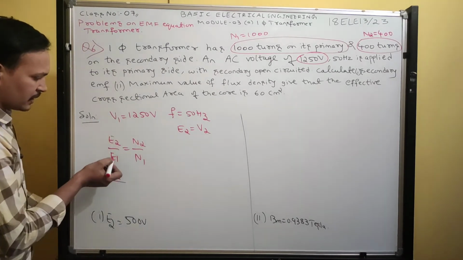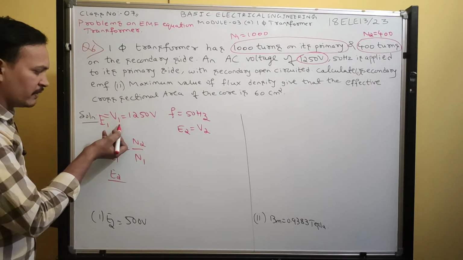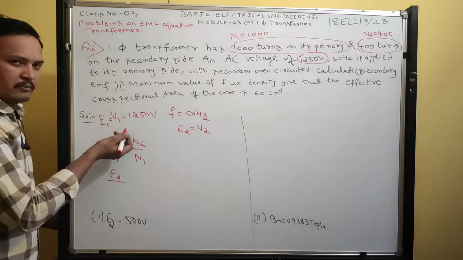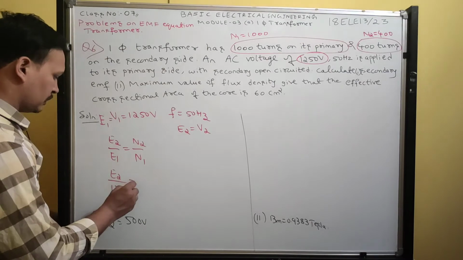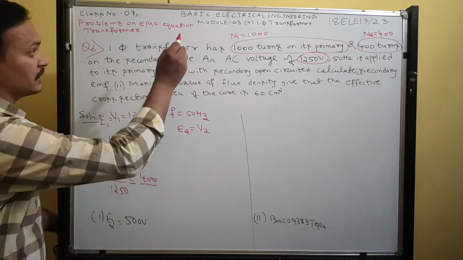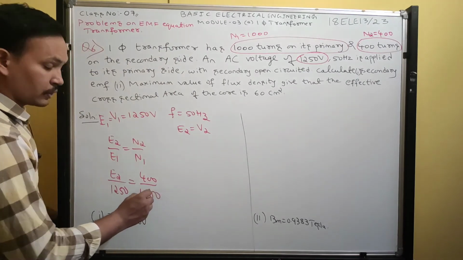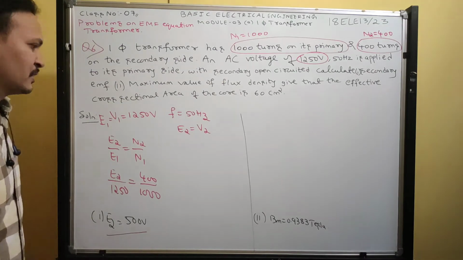What is E1? E1 is nothing but V1. V1 itself is E1. So 1250 is equal to, what is secondary turns? 400. What are the primary turns? 1000. So do it in the calculator, you will get E2 as 500 volts.